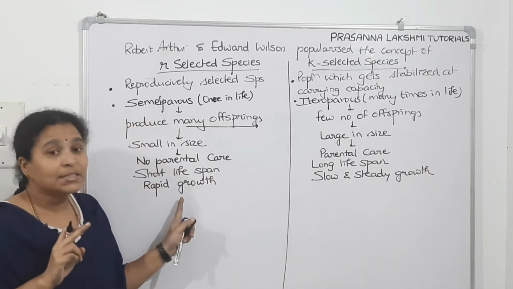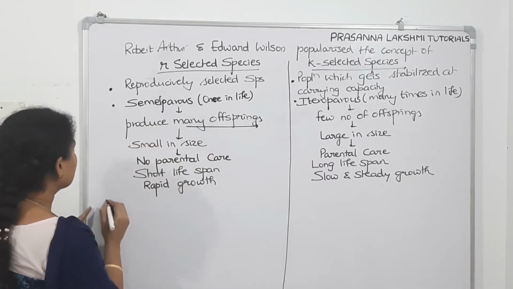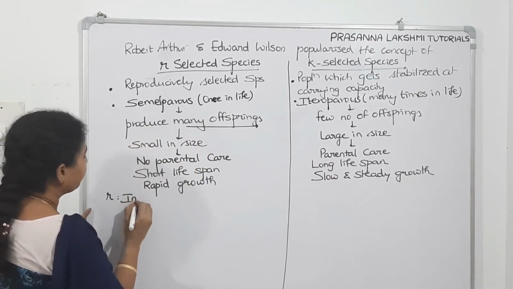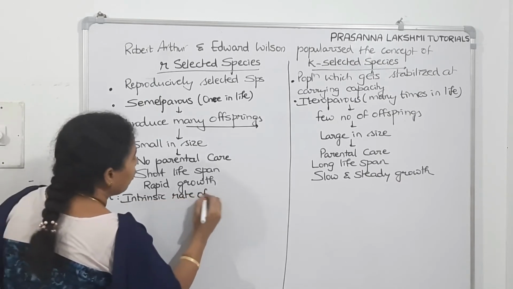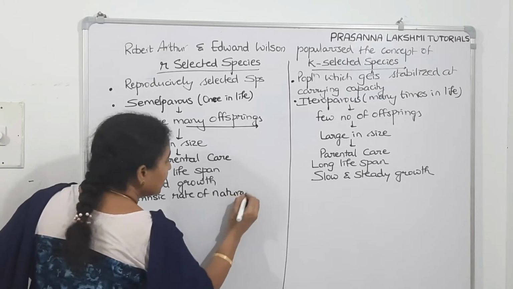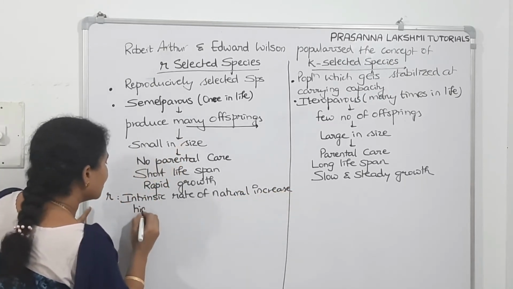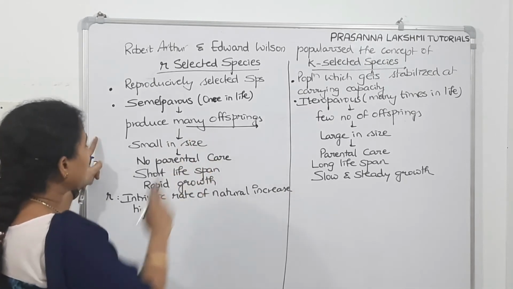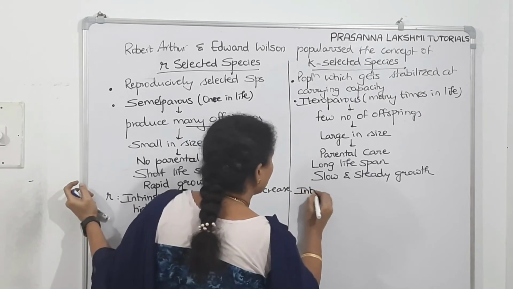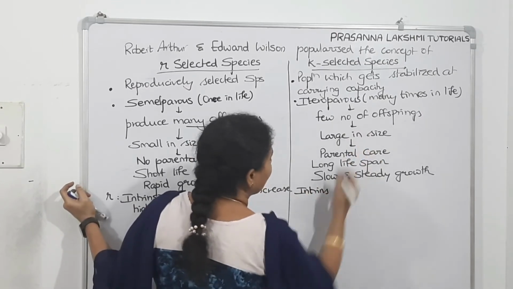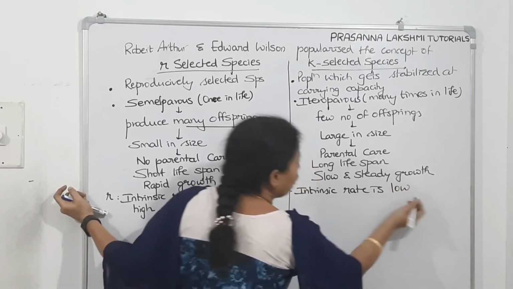Then the intrinsic rate of natural increase: they are reproducing many offspring, so the R value, the intrinsic rate of natural increase, is high. All these points are interconnected. They produce many offspring, so the intrinsic rate is high. Whereas here the intrinsic rate is low because the number of offspring is few.